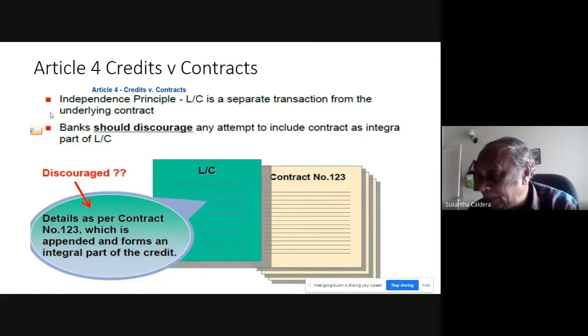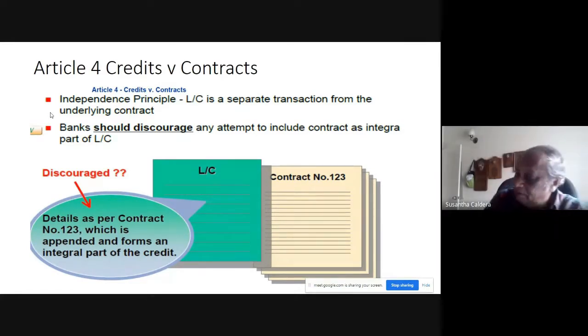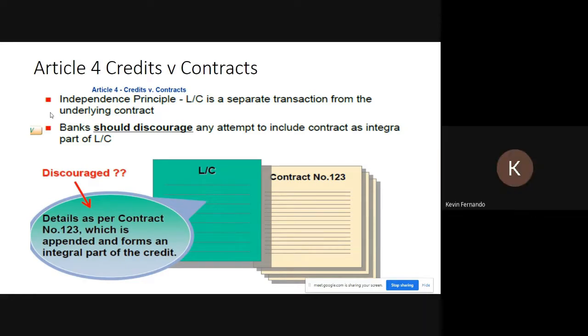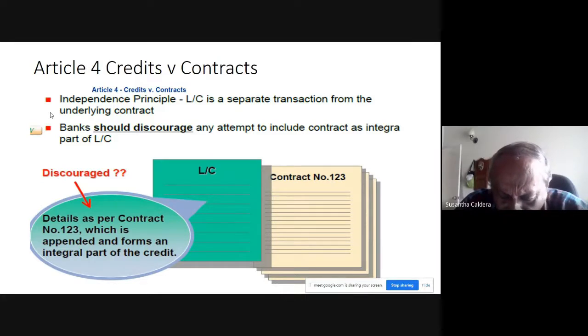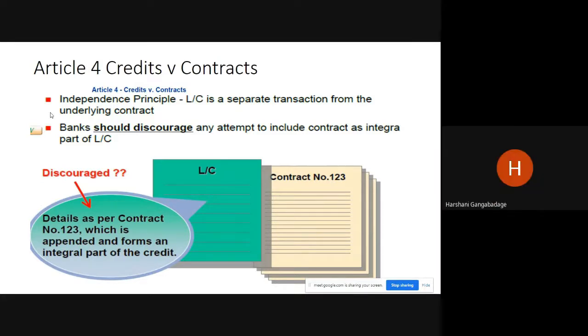Who are the parties to the LC? Beneficiary, issuing bank, applicant?